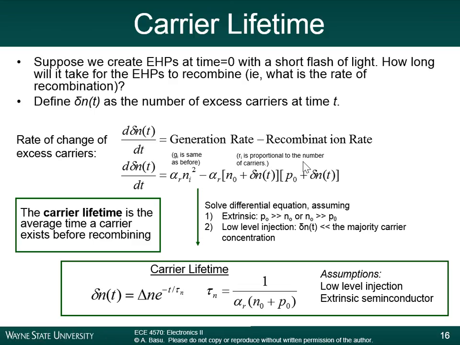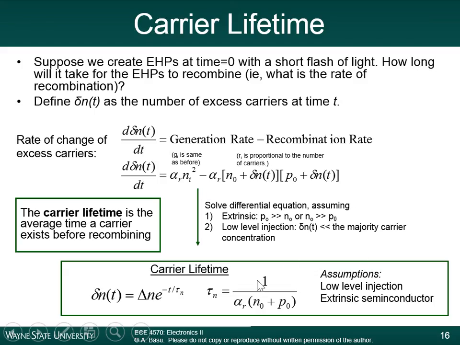So that's why we have this equation here: the generation rate minus the recombination rate. At equilibrium, these two would be equal, and d sigma n dt would be basically 0. But in the non-equilibrium situation, we have this differential equation saying that the rate of change of the excess carriers is equal to the generation minus the recombination rate.